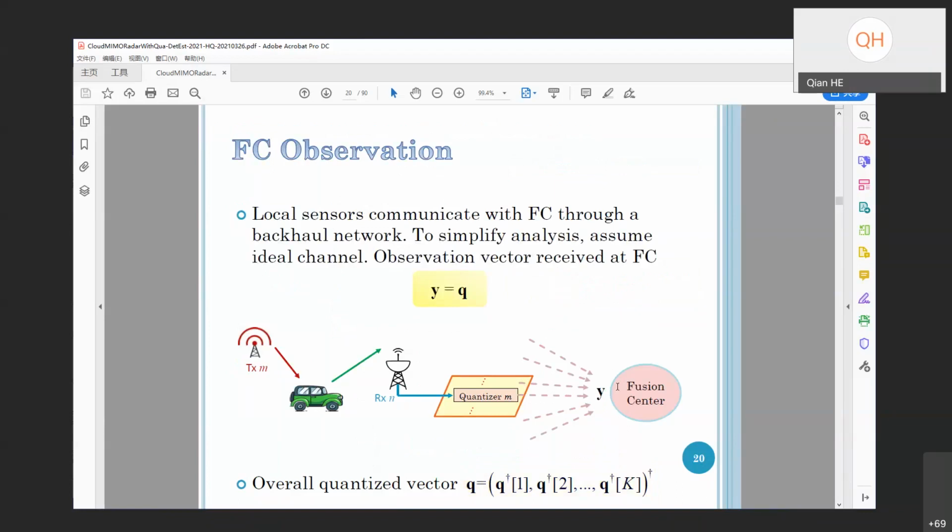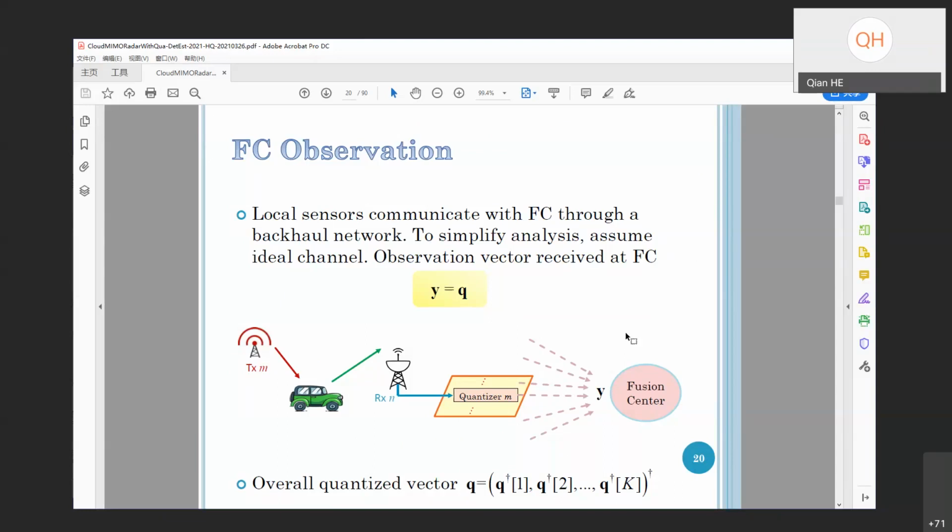Let us think about the phase synchronization and the time synchronization, everything has been done. Let's not worry about it for now. And let's think about the channel for the transmission between the local sensor and the Fusion Center as ideal, because we are going to think about the signal processing and what is the best approach.